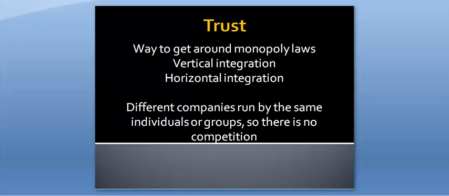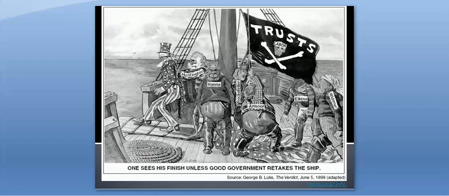Horizontal integration works a little bit differently. It was done by J.D. Rockefeller with his company Standard Oil. Rockefeller simply bought all of his competition. He bought all the other oil companies and made them part of his trust. Since he couldn't make them all one company, he kept them separate with separate boards in charge of each one.